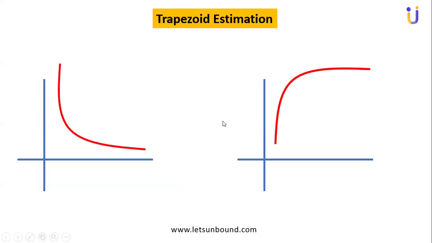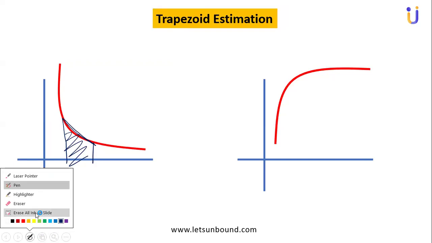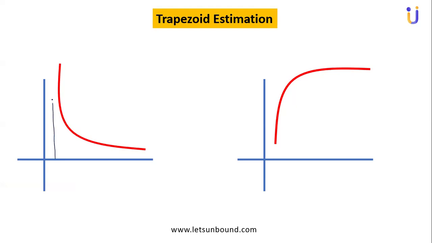And for trapezoid estimation, when your curve is concave up, is your estimation an overestimate or an underestimate? Okay, if you're finding area from here to here, draw a trapezoid. For sure, it will be a little above the area under the curve, which is what I need. Let me check for a clear visualization. Yes.